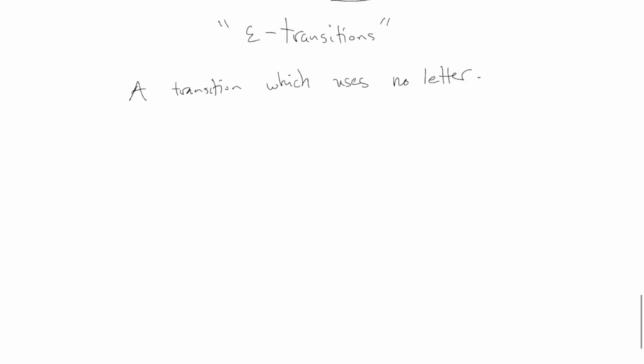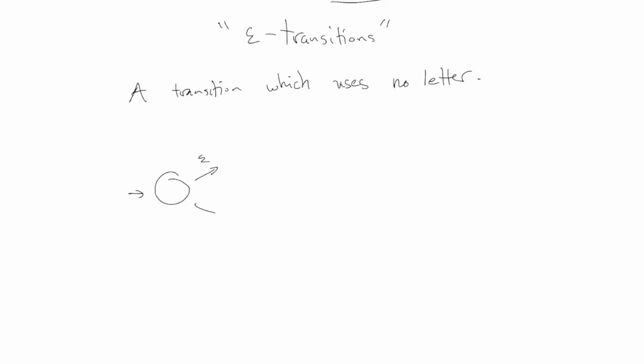For example, here is an NFA which uses some epsilon transitions. Those epsilons mean you can just go across that arrow whenever you want without using up any letter from the input string.